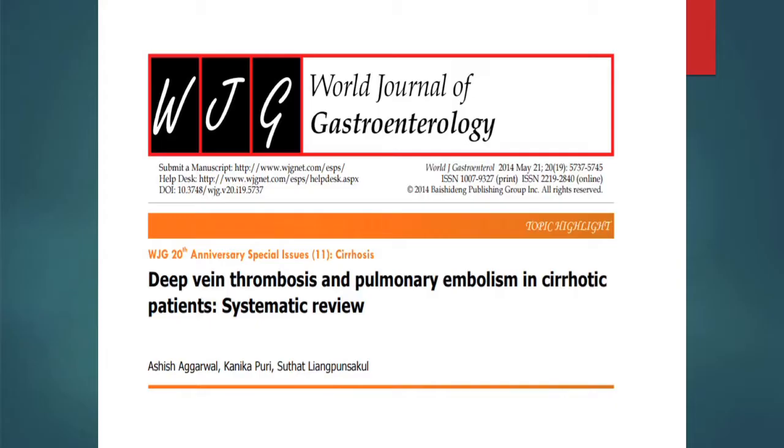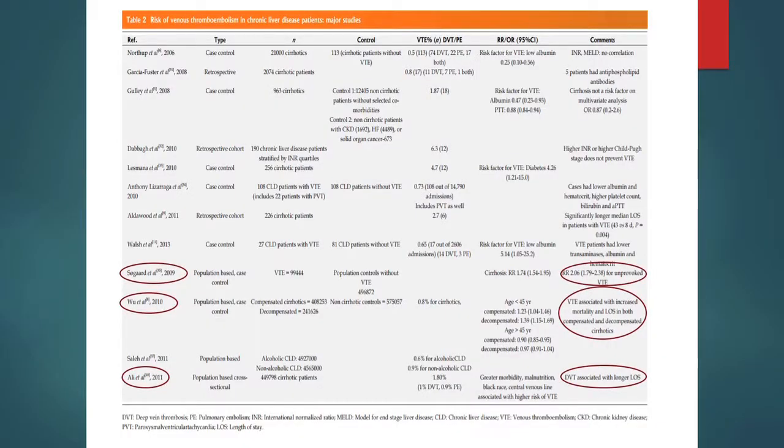So I found this systematic review of deep vein thrombosis and PE in cirrhotic patients, and this one has a lot of literature in it. However, they only included, I think, about 10 studies, and I've highlighted the ones I think are more important. Most of them are small studies.